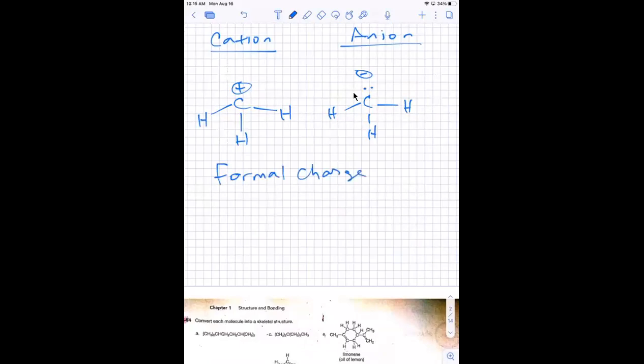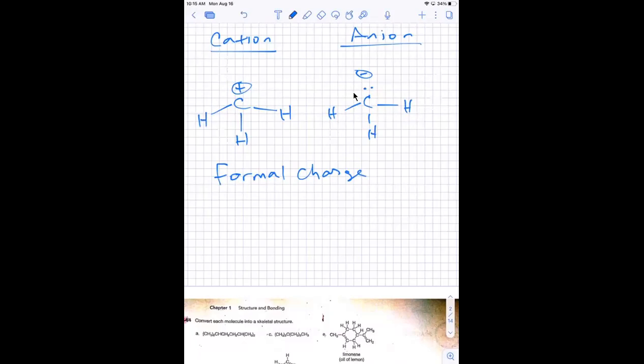Right, so that's the charge on the atom. It's either going to be positive or negative. And since we're dealing with carbon and not a metal, you know, metals can be +1, +2, +3. They can have different oxidation states. For carbon, the formal charge is either going to be 0, which is if it has a full octet and it has no extra electrons.